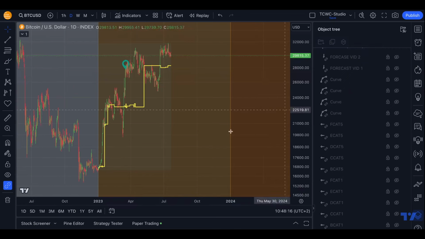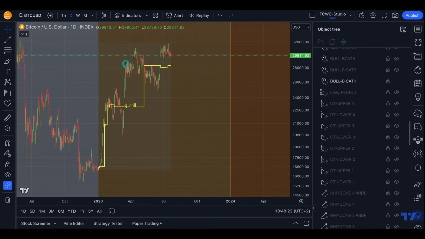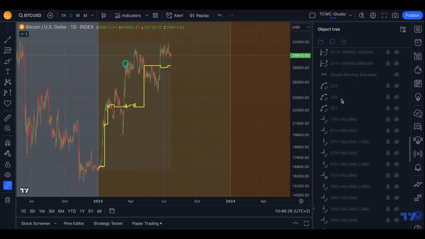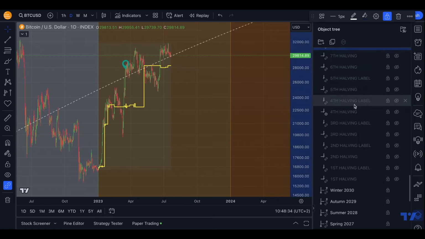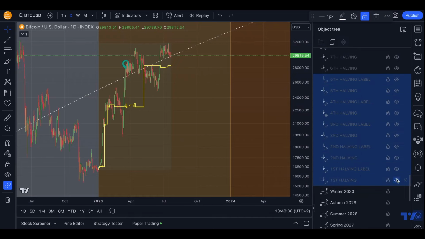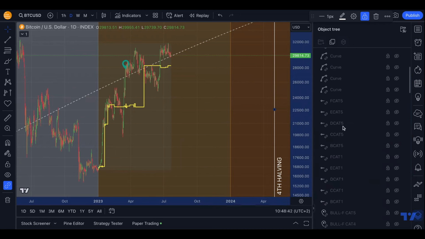I cleared it out to make this a little bit easier to explain, but let's go ahead and put a couple of those back on here. Let's put the jet stream back on there, and then we're going to put our halvings back on there, so we can get ourselves reoriented to where we're trying to be.